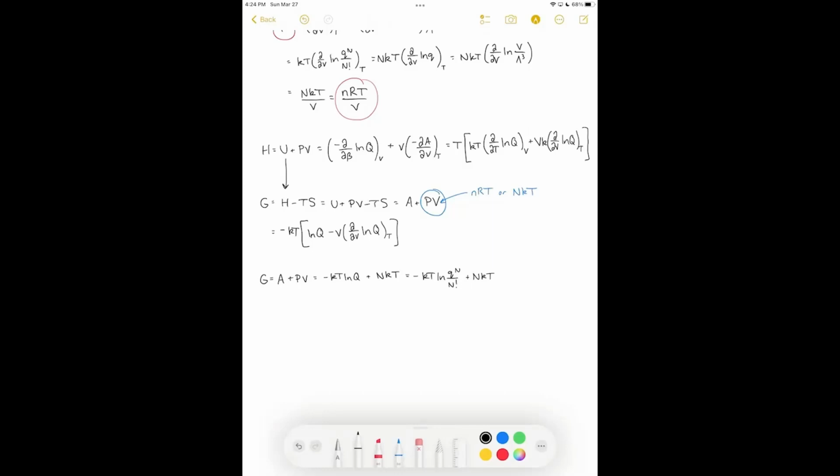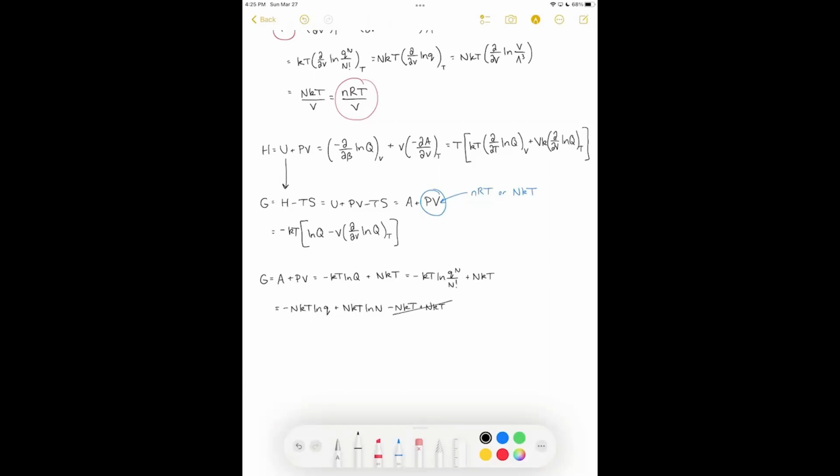And then we can use our log properties and say that this is equal to negative nkT natural log of q plus nkT natural log of n minus nkT. This is using Stirling's approximation on the first term. And then our second term here is plus nkT.